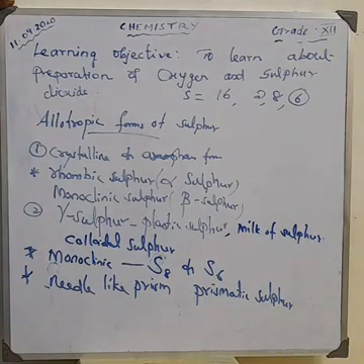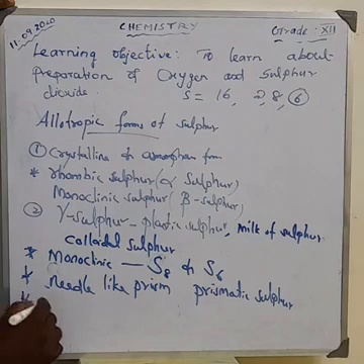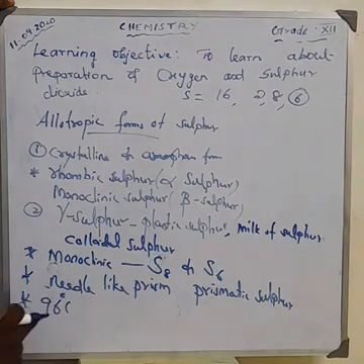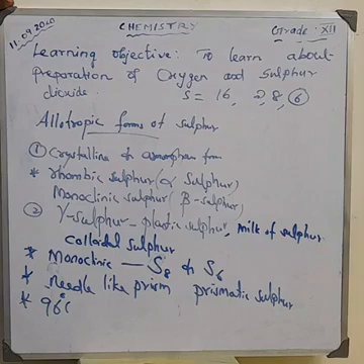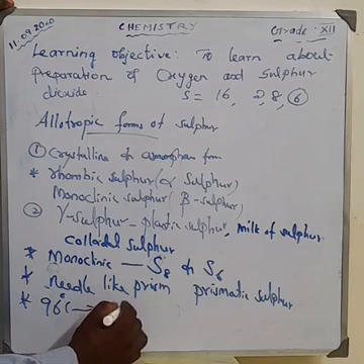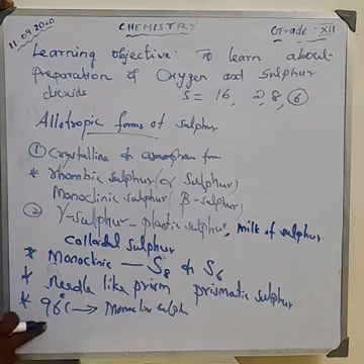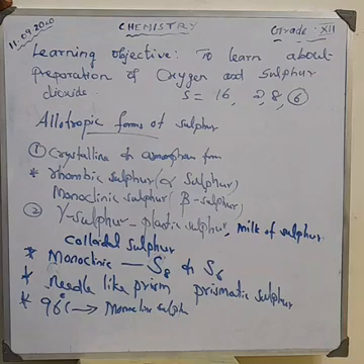Then when this rhombic sulfur is heated at 96 degrees Celsius, it is converted to monoclinic sulfur.